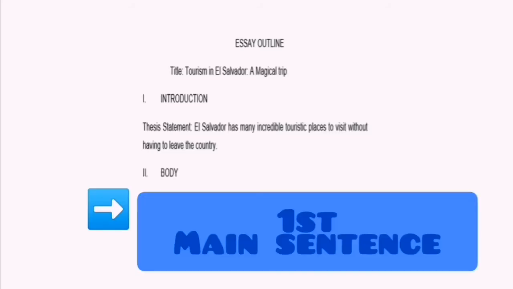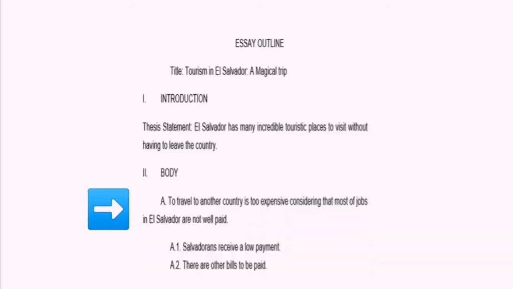Letter A is the first main idea here, which is: to travel to another country is too expensive, considering that most jobs in El Salvador are not well paid. A1 is another idea, which is Salvadorans receive a low payment, and A2 is the other idea, which is there are other bills to be paid.